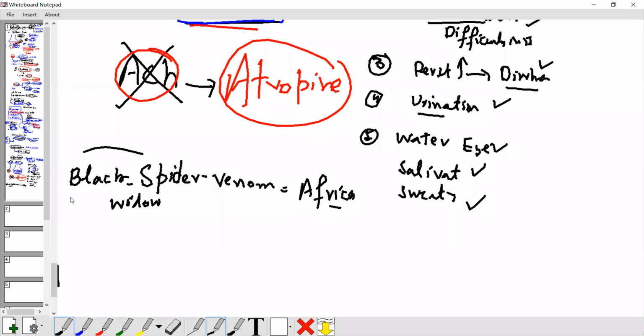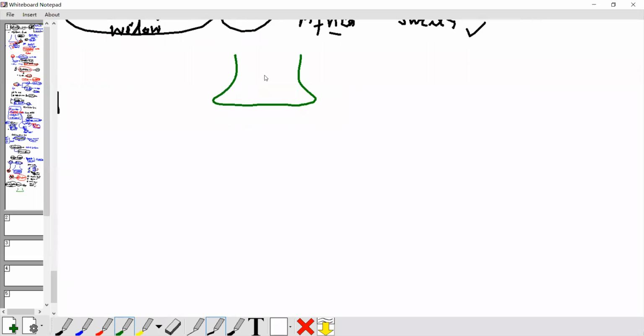If a patient has a sting or bite by the black widow spider, the venom enters your body. This venom releases acetylcholine. Here we have acetylcholine in the presynaptic space, the synaptic space, and the postsynaptic membrane.